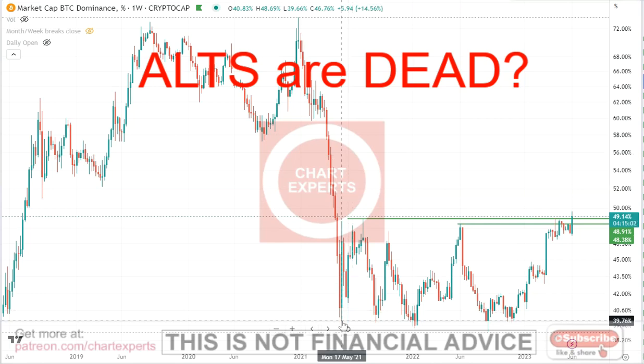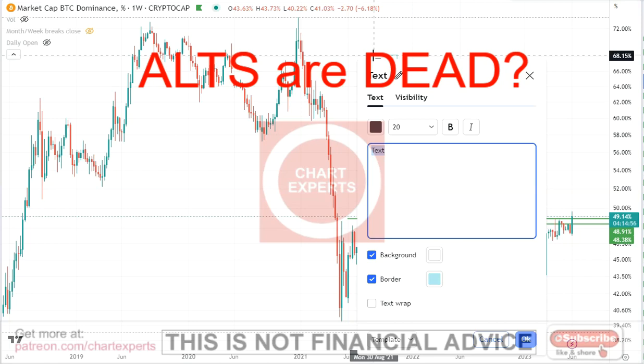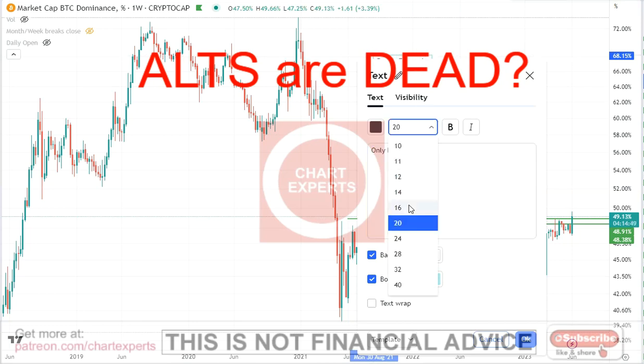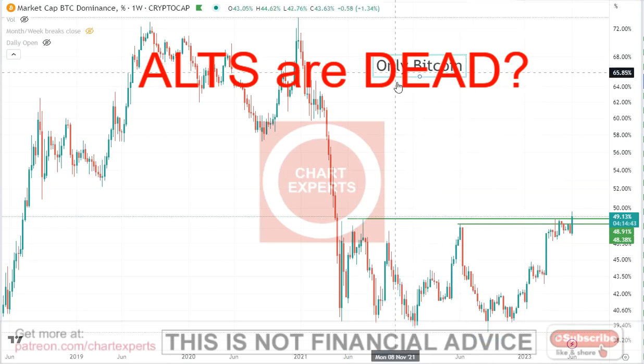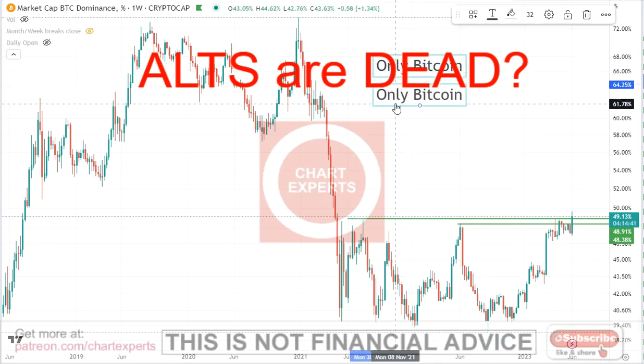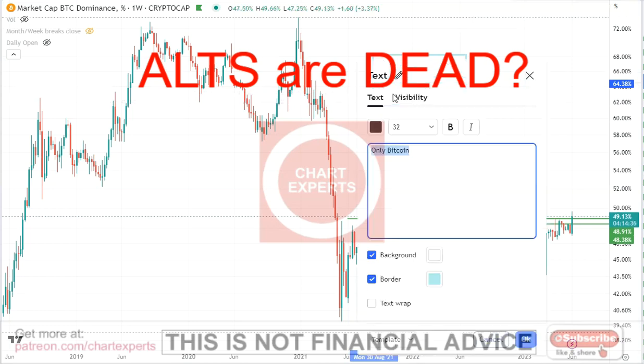And what we also need to point out very, very clearly is, in the beginning, there was only Bitcoin. Okay, and let's just increase this so you can read it. And then what happened? Now, after the market cap of Ethereum increased, now there's only Bitcoin and Ethereum.